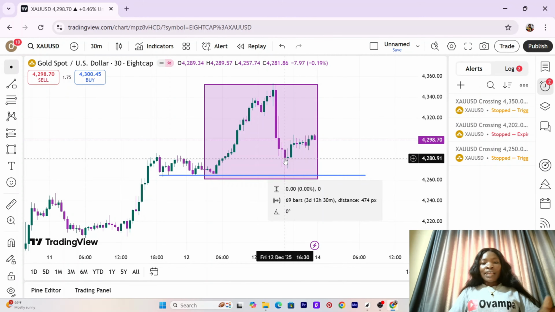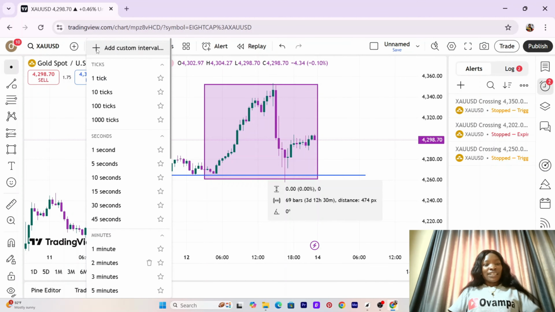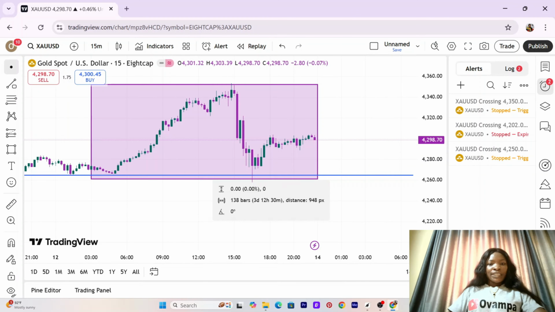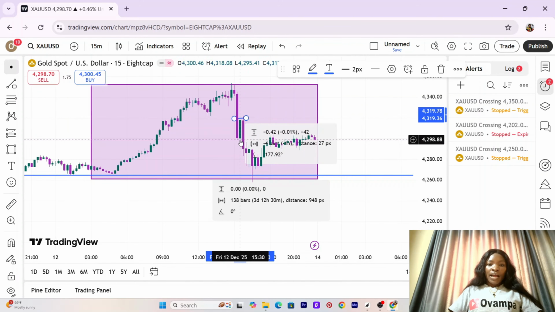And now, to help you to see this clearer, let's get even to the 15 minutes time frame. On getting to the 15 minutes time frame, you can clearly see that after that mighty push up, at the correction phase, there were series of lower highs and then lower lows.